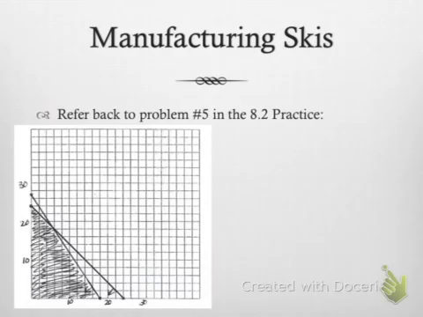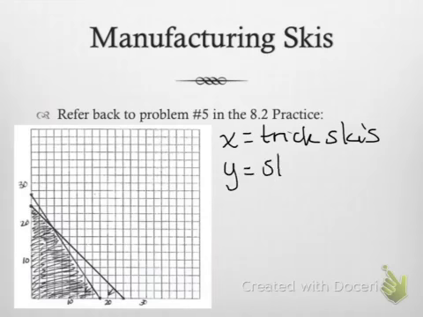So the shaded area here represents all of the possible combinations of x and y, where the x is our number of trick skis and the y represented our number of slalom skis.